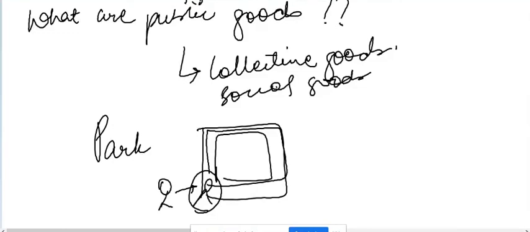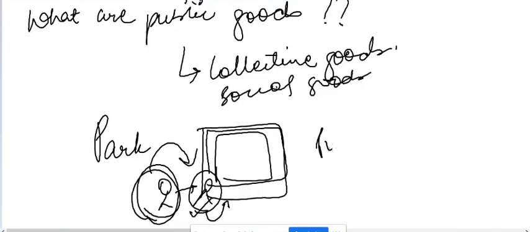Not really, right? Even a new individual who comes into the park has the entire park to himself to jog. Such a good, in which one individual's consumption does not reduce the consumption for the second, is called a public good.